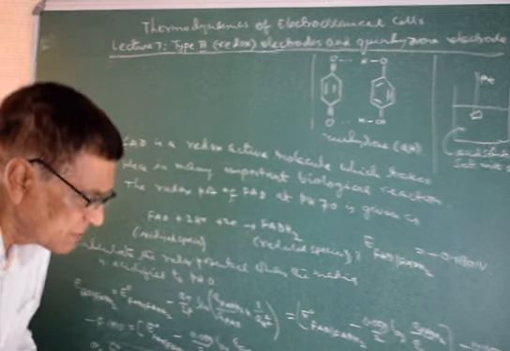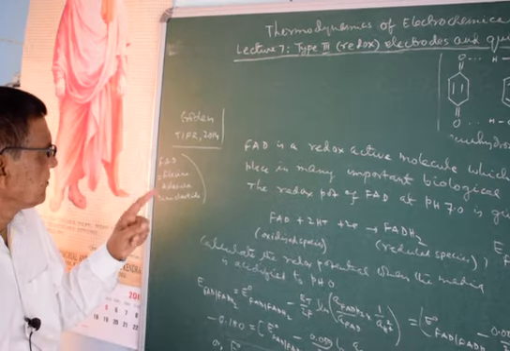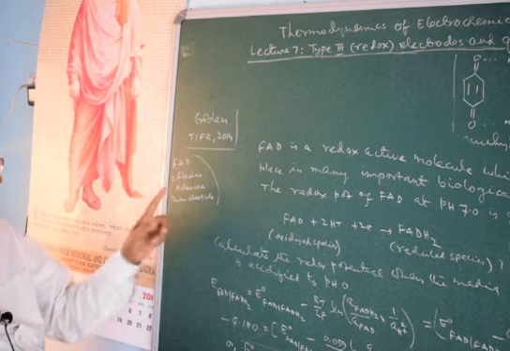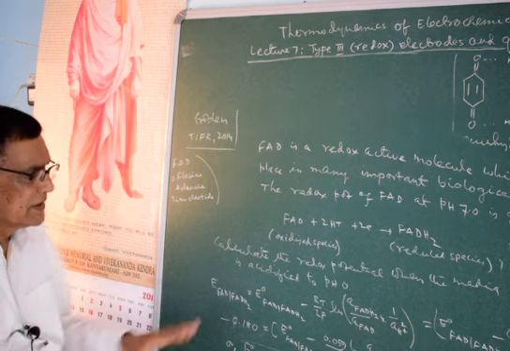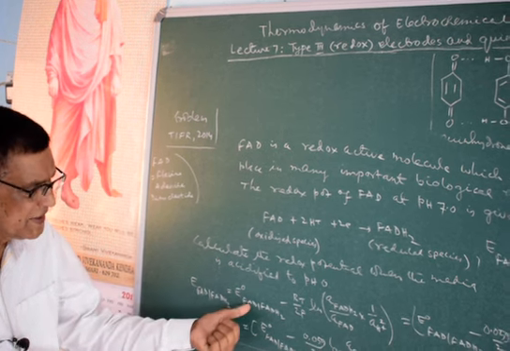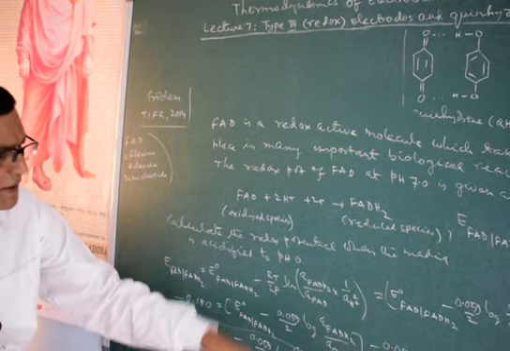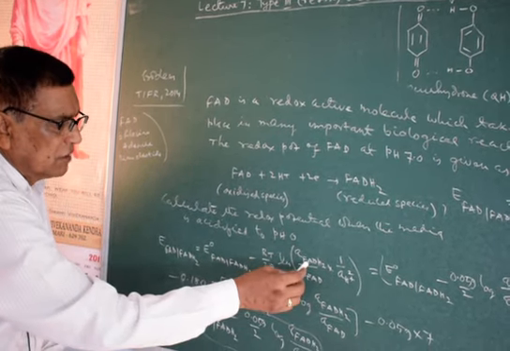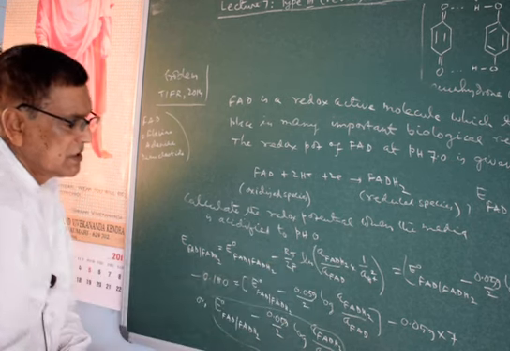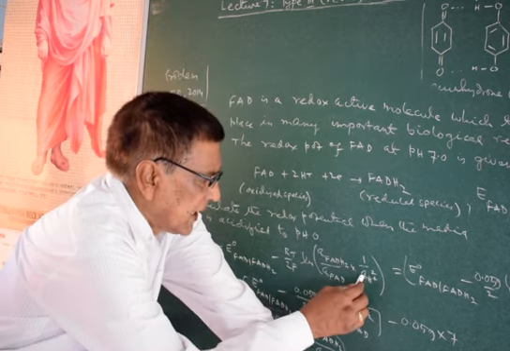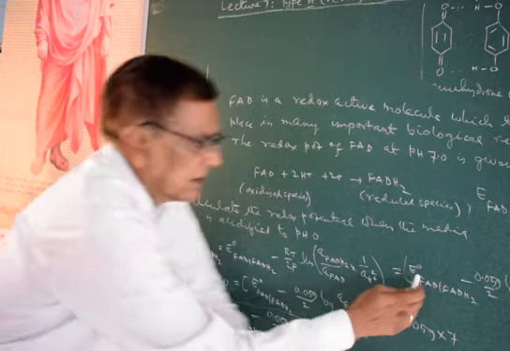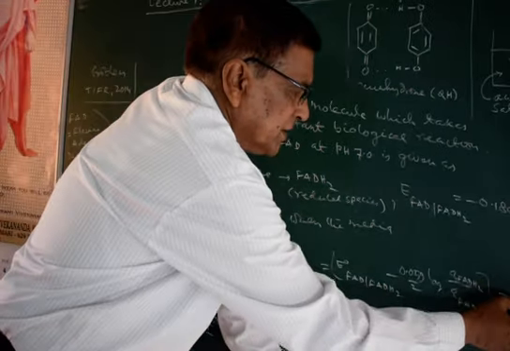And this FAD is a very important compound in biological reactions, and it is flavin adenine dinucleotide. The solution to this problem is that the potential equals standard potential minus RT by 2F ln of the activity of the reduced species divided by the oxidized species, into 1 by the activity of hydrogen ion square. Keeping this in one place, it equals minus 0.059 pH.